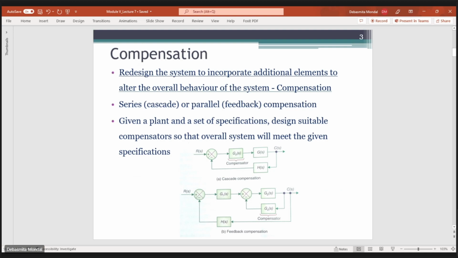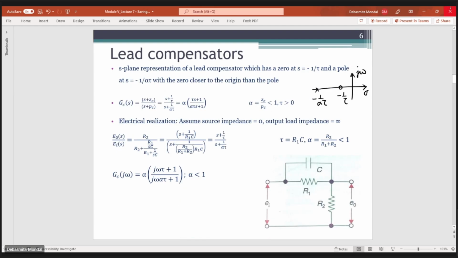Since the value of alpha is less than 1, the magnitude of 1/(alpha tau) will be more. So you can see that in this pole-zero configuration, the zero is lying closer to the origin. If you simply write the transfer function, G(s) equals (s plus 1/tau) divided by (s plus 1/(alpha tau)), where alpha is defined as Zc by Pc, where Zc is the zero and Pc is the pole of the compensator.